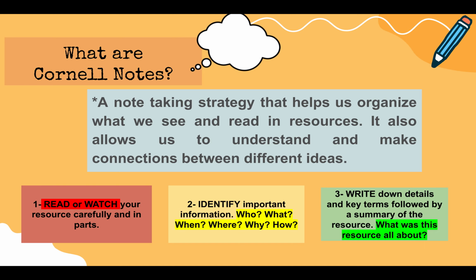So remember to use the 5 W's, who, what, when, where, why, and an H, how, to ensure that you are writing down the most relevant information that connects to the topic and resource. And 3, you want to write down details and key terms followed by a summary of the resource. So basically, you're asking yourself, what was this resource all about?